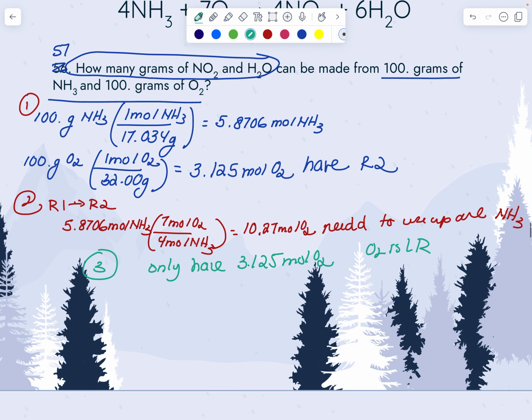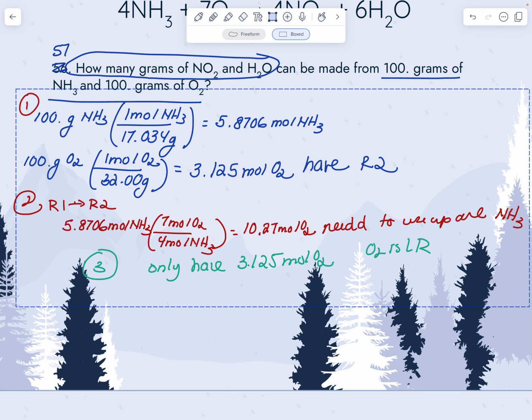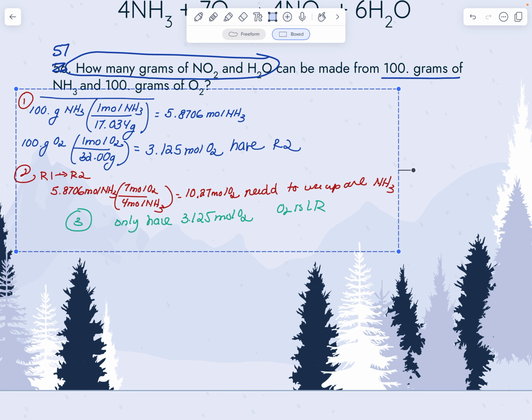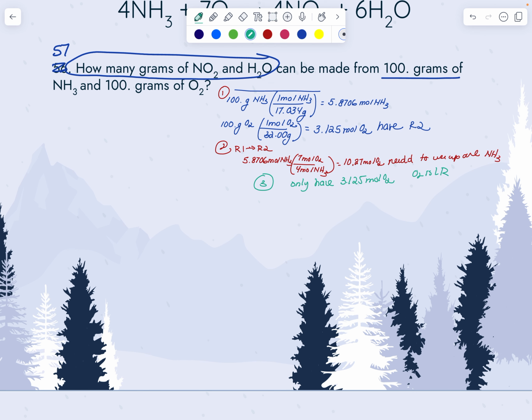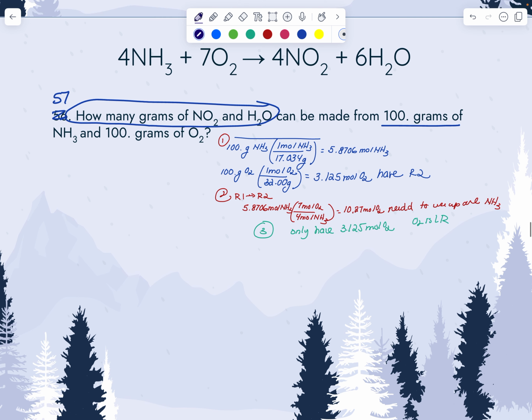And then I have to actually answer the question. Once I figure out that oxygen is my limiting reactant, I got to actually read the question again and figure out what I need to find. I need to find grams of both of the products. Okay, so I take my amount of limiting reactant, which is my oxygen. I can just take the number of moles, 3.125 moles of oxygen.